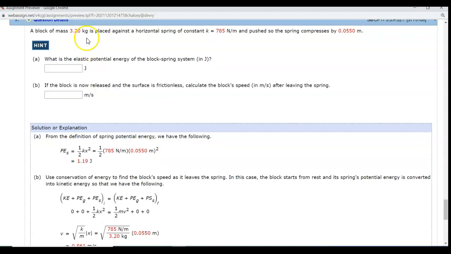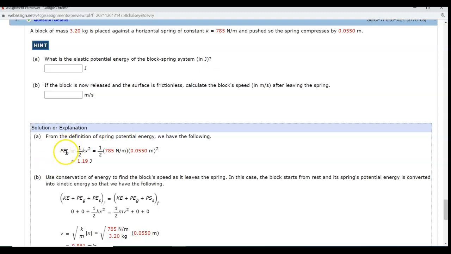A block of mass 32 kilograms pushed against a horizontal spring of a constant K, 785 newtons per meter, and pushed so the spring compresses by 0.055 meters. What's the elastic potential energy of the block spring system in joules?